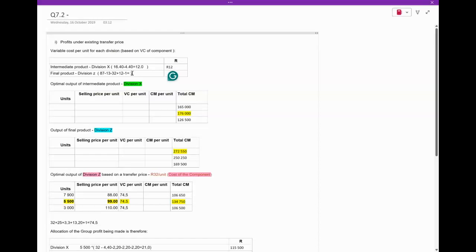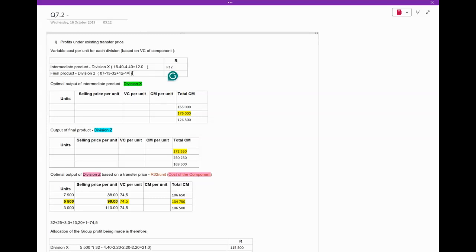Because we're basically looking at, remember, the first is calculate the effect the existing transfer pricing system has on the company profits. So we first want to see what would be the cost if we were to say, remember, division Z pays 32 Rand for every component, right? So now we want to see, okay, what would be the variable cost if they actually paid the variable cost of the component and not that markup?